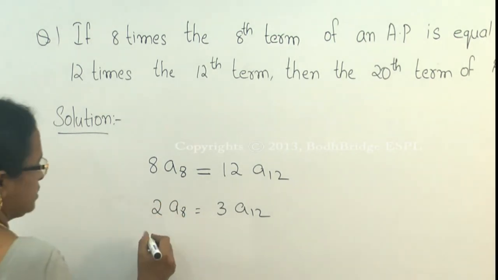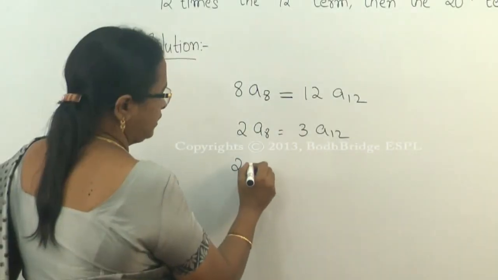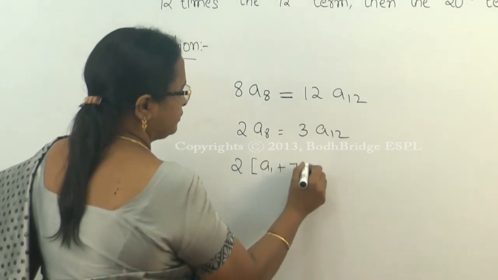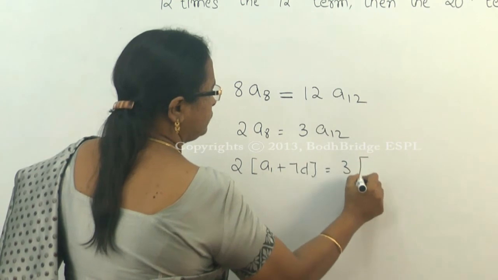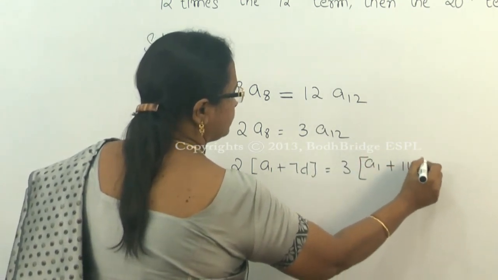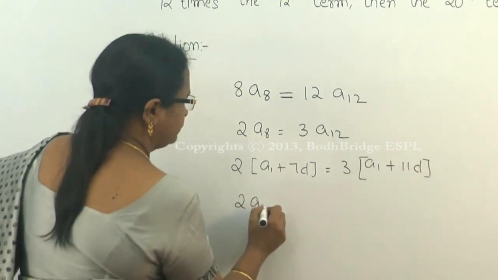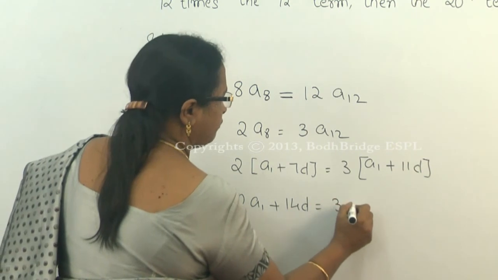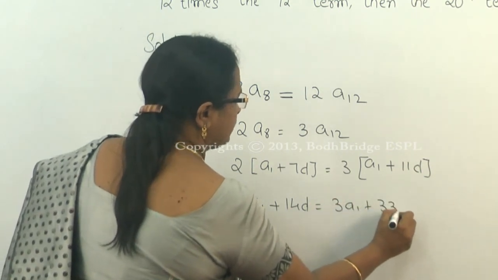And now replace this. What is A8? A8 is equal to A1 plus 7D. And 3 into A12, where A12 equals A1 plus 11D. So this is 2A1 plus 14D, which is equal to 3A1 plus 33D.